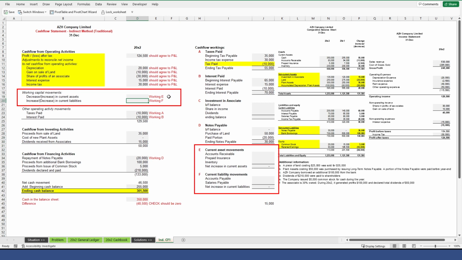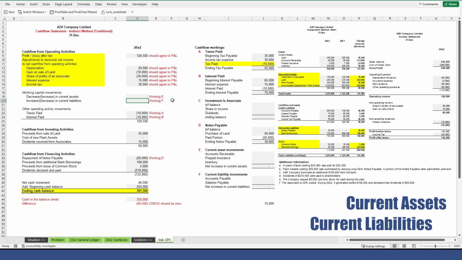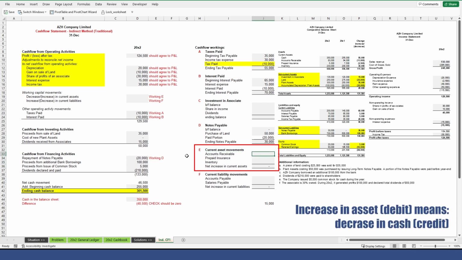Normally, this refers to current assets and current liabilities, as we have mentioned before. In Workings E, we're going to calculate the current asset movement. As a rule of thumb, you have to remember that for the cash flows, an increase in asset would mean a negative amount because we are assuming that cash was decreased.